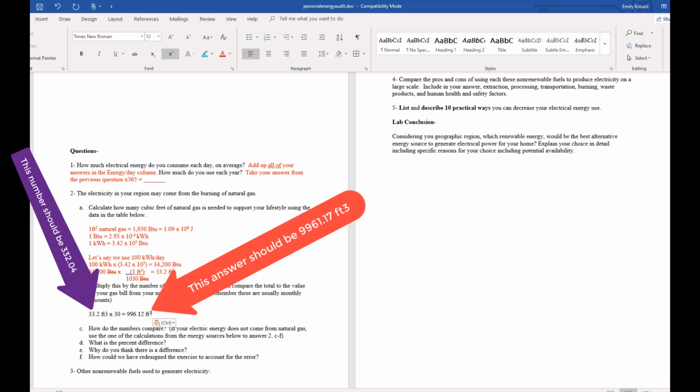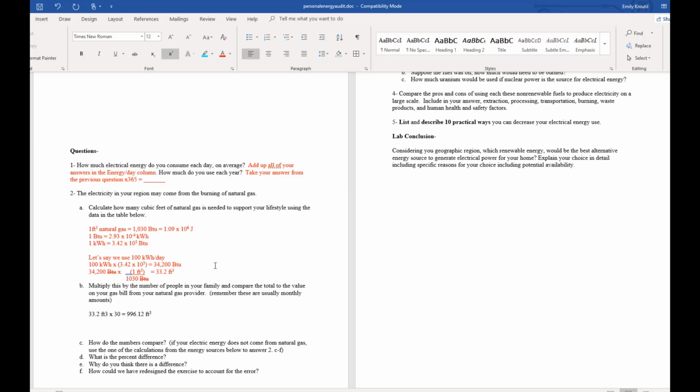And then we'll multiply this by the number of people in your family. My family has 4 because there's me and my husband, and then our 2 kids. So ours would be 996 times 12 times 4. Now remember, this is all based on saying we use 100 kilowatt hours per day. I made that up, so this isn't going to be an accurate amount.